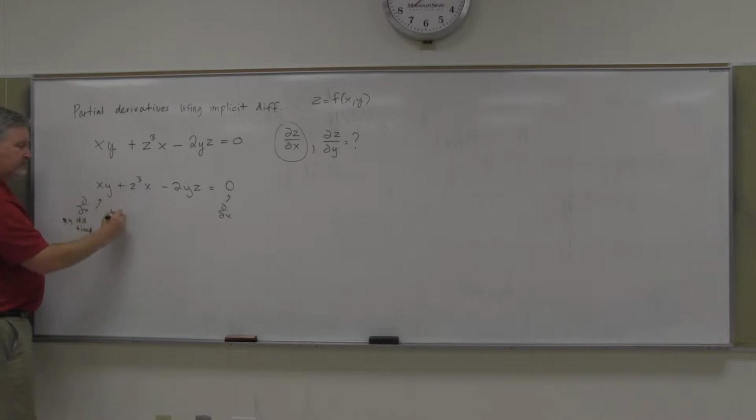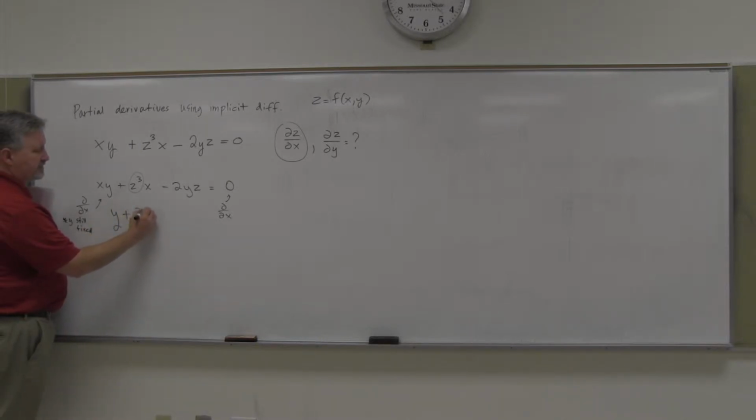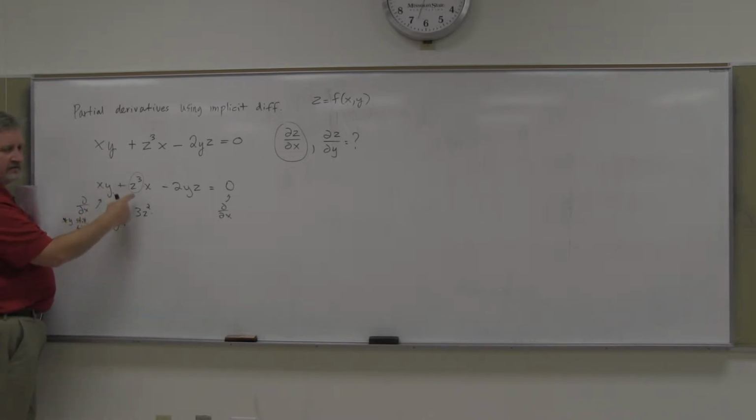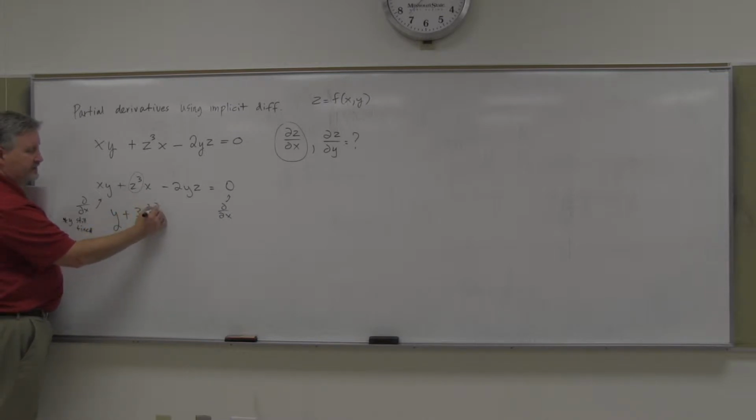So here I know you're thinking product rule, right? When I do this partial with respect to x of that, it's 3z squared. But since I don't know what z is in terms of x and y, what I can do there, remember, is put the partial of z with respect to x.